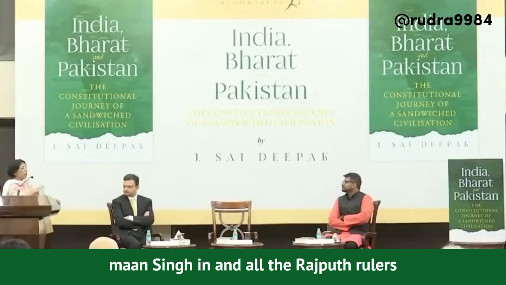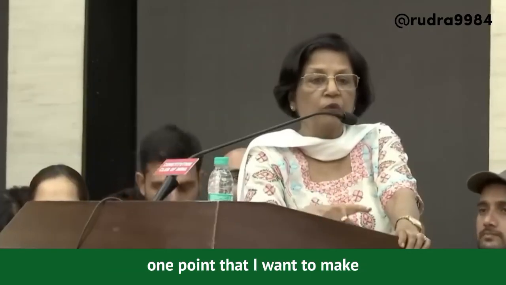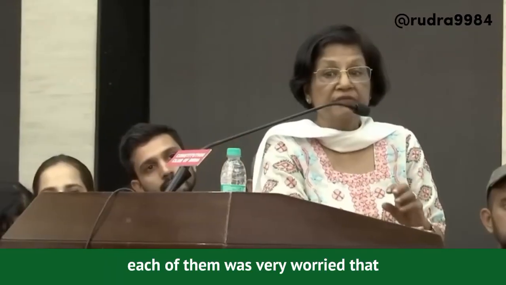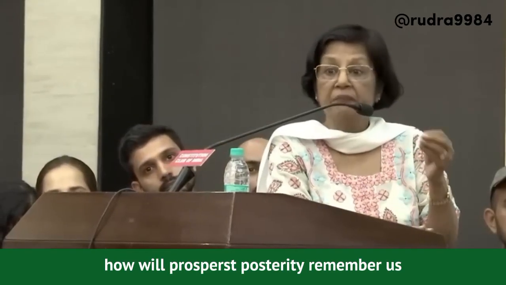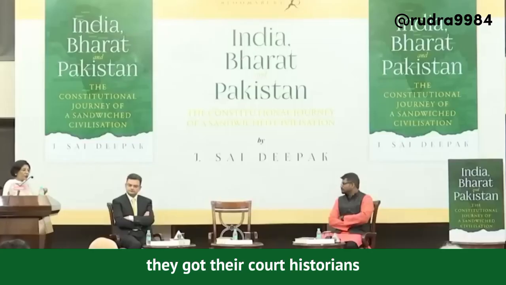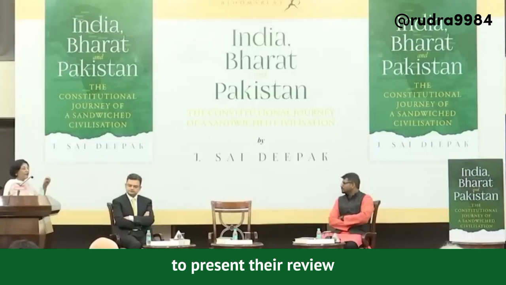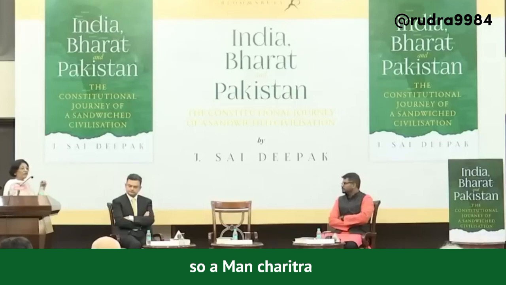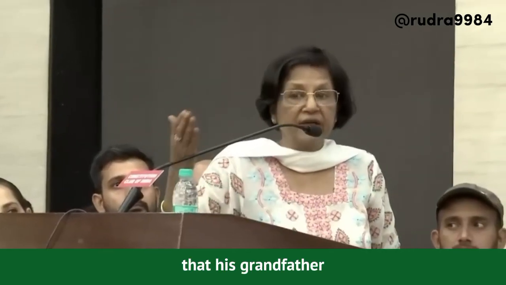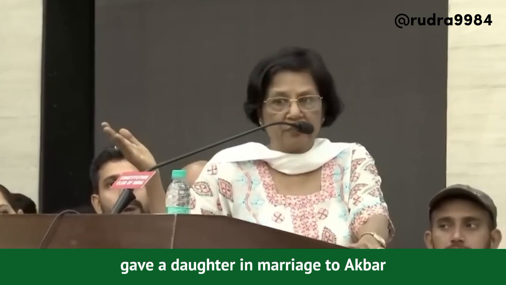One point I want to make: all the Rajput rulers who became part of the Mughal system were very worried about how posterity would remember them. So in their own kingdoms, they got their court historians to present their view of the Mughal-Rajput alliance. The Mancharit, a history written in Man Singh's court, does not mention that his grandfather gave a daughter in marriage to Akbar.